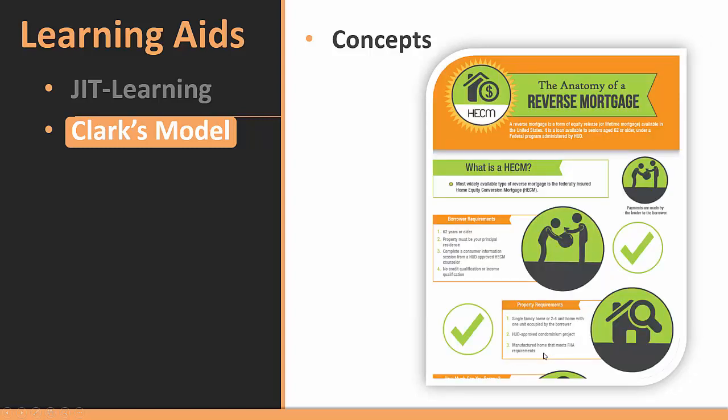A better example, I think, can be seen right here, not just because it has pretty colors and complementary colors, but because, at least according to the criteria that Clark sets out, it begins with a definition up here at the top. So if we're trying to learn about the concept of reverse mortgage, what is that? It starts up with a definition at the top.